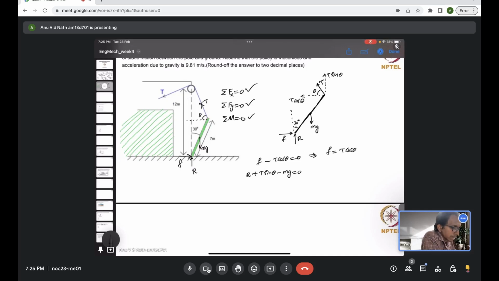Now the moment we have to equate to 0. We can take moment about any point, whichever point you take, the moment should be 0, like we have done in the previous sessions. So let us take this point P, which is the contact point with the surface.